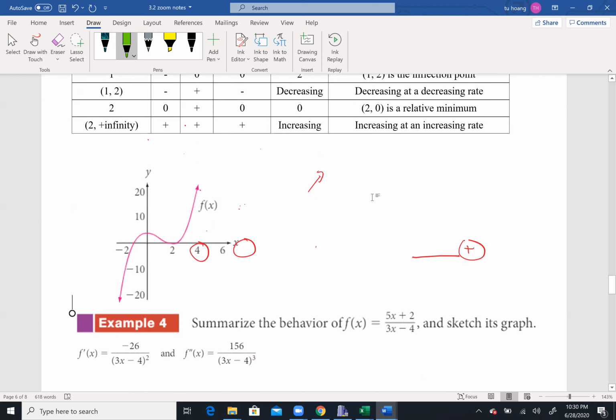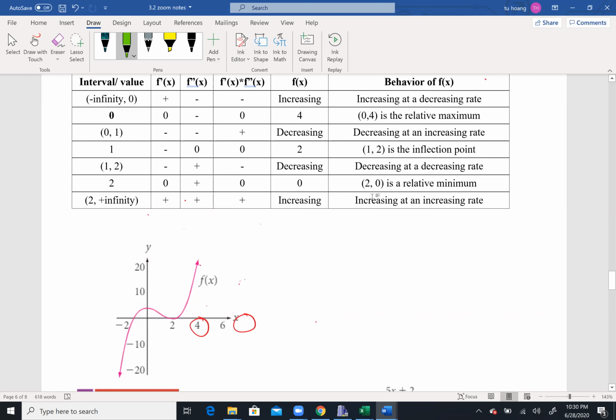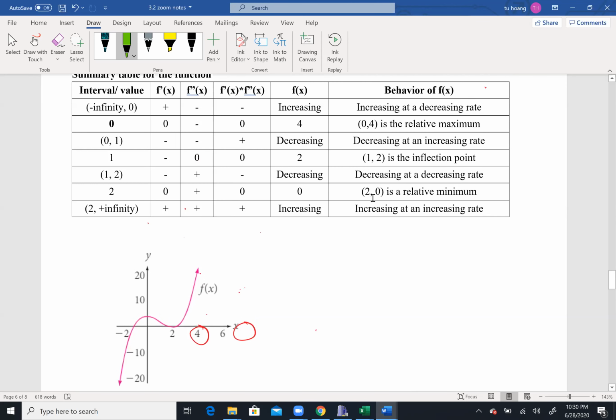And now this is the function f(x) that we just did, and you see that the function may look like increasing from negative infinity to 0. See that?